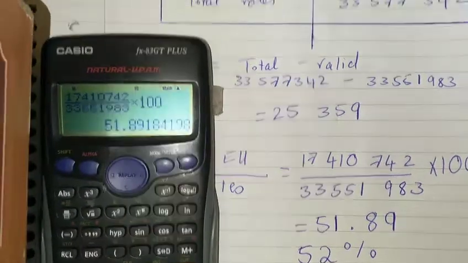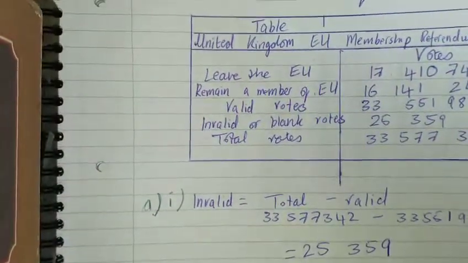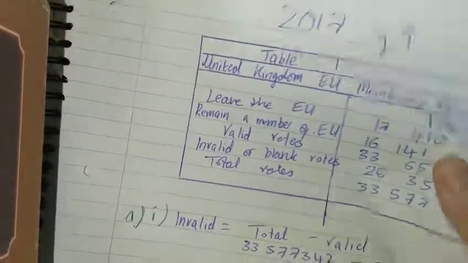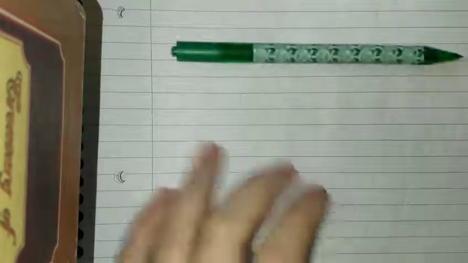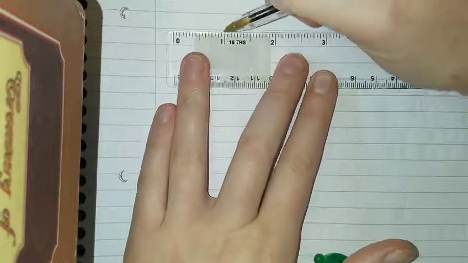So then the next part, we're told table 2 shows the percentage of, so we're given another table. So I'll just quickly draw out the table that we're given.